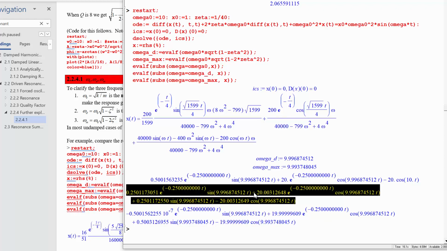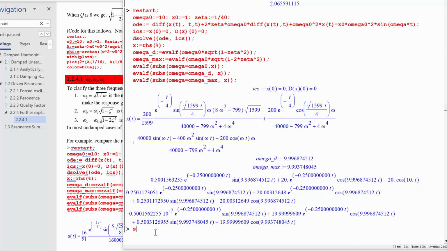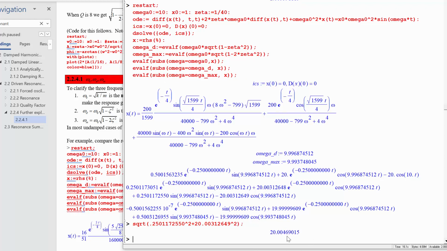That's this second term here, where we get root of this thing squared plus this squared. And that one responds at a slightly higher amplitude than 20. Very small change now.